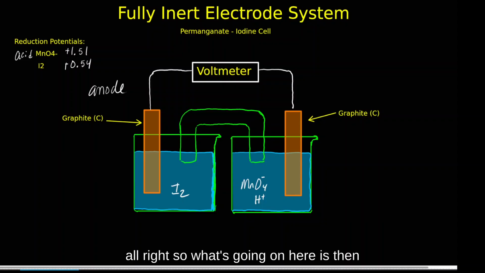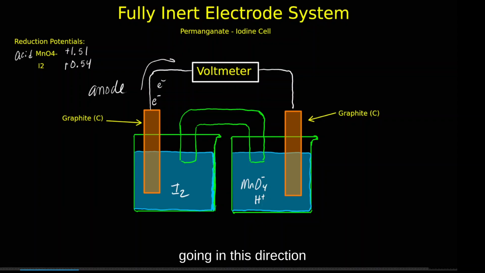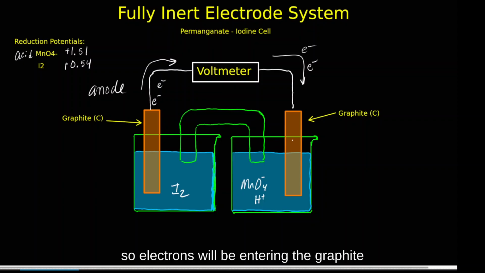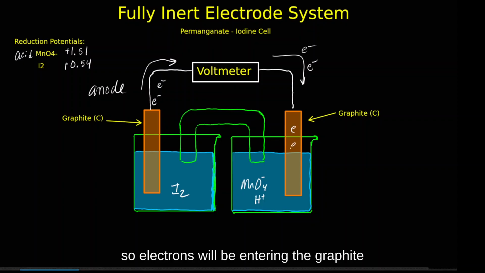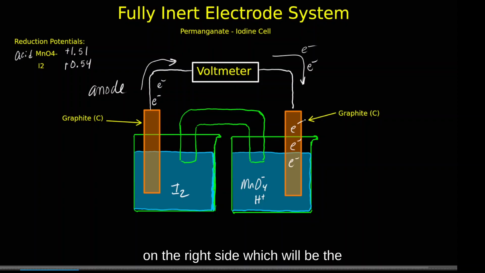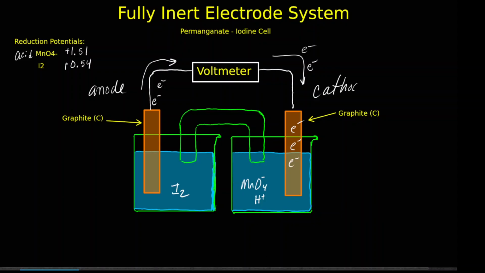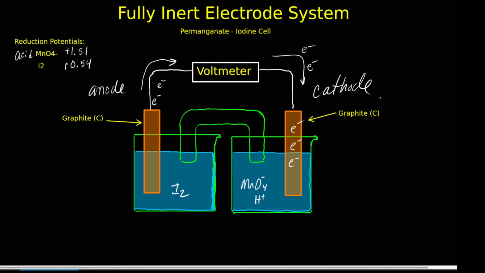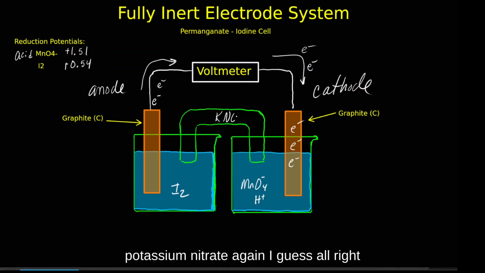What's going on here is then electrons will be leaving, going in this direction. So electrons will be entering the graphite on the right side, which will be the cathode. Okay, my salt bridge, well, I'll go with potassium nitrate again, I guess.